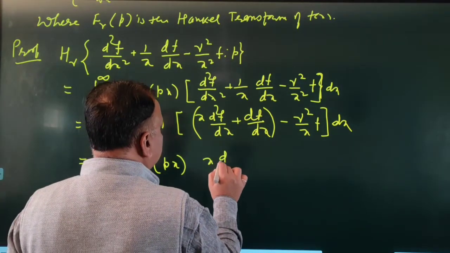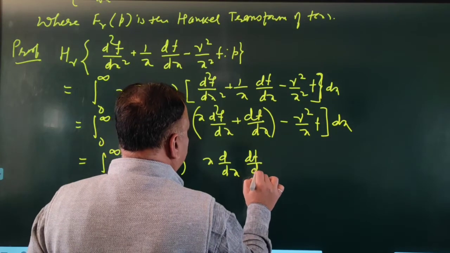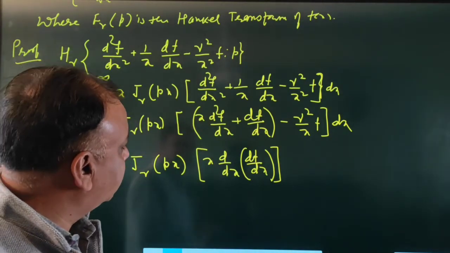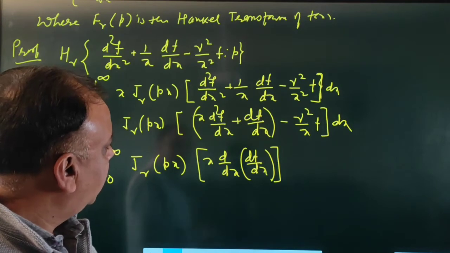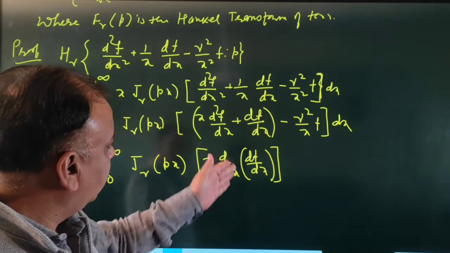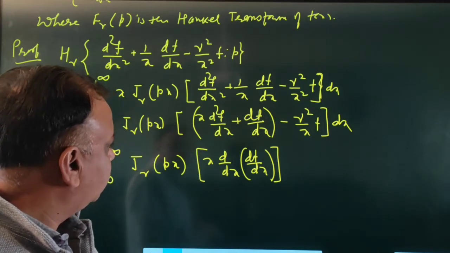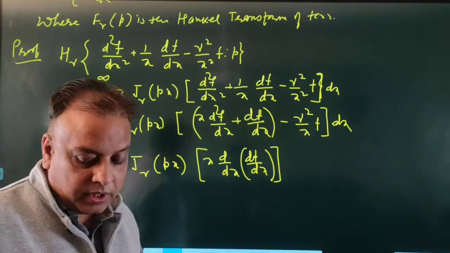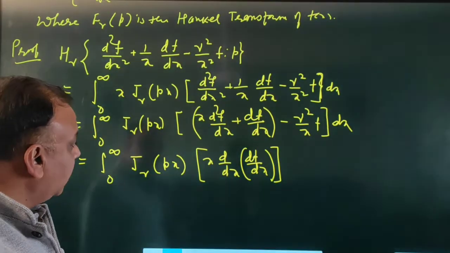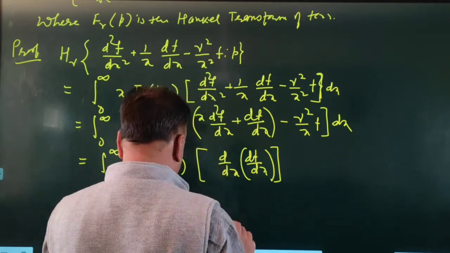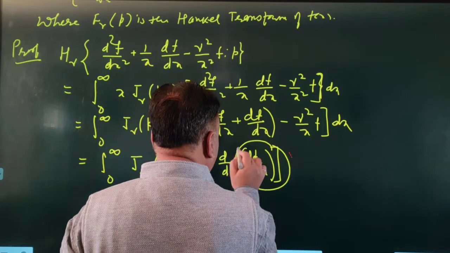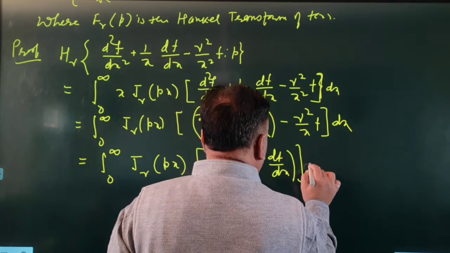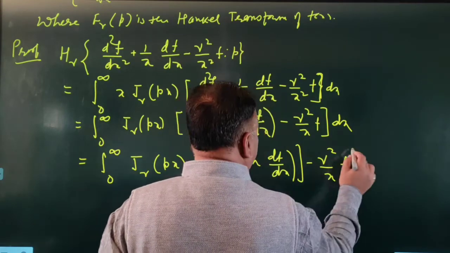This can be written as x d²f/dx² plus df/dx, which can be written as d/dx of (x df/dx), minus (nu²/x) f, dx.